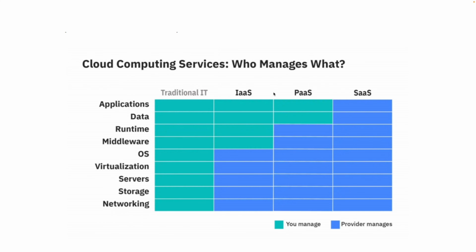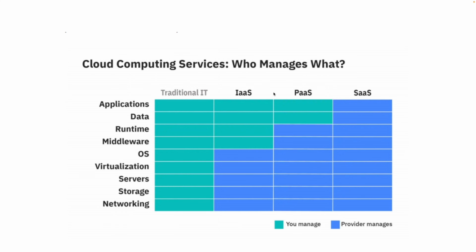So let's compare what is infrastructure as a service, platform as a service, and software as a service, and how they are different from the traditional IT service. I would like to explain the difference with the help of a few elements. So let's consider a traditional IT business.